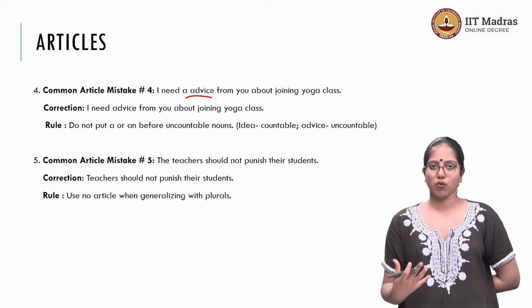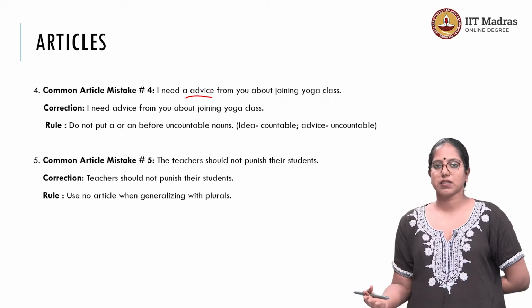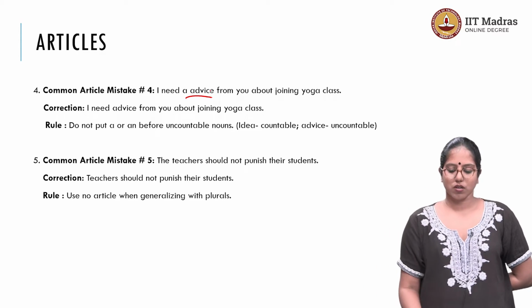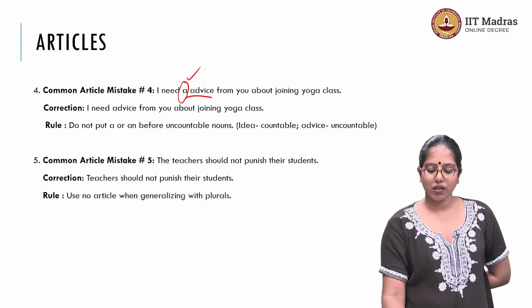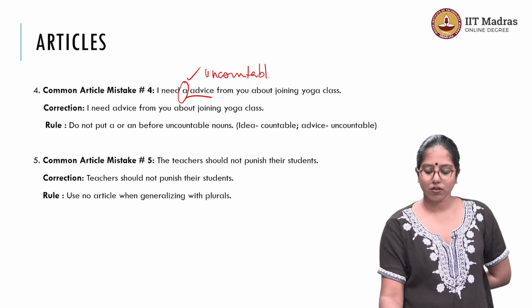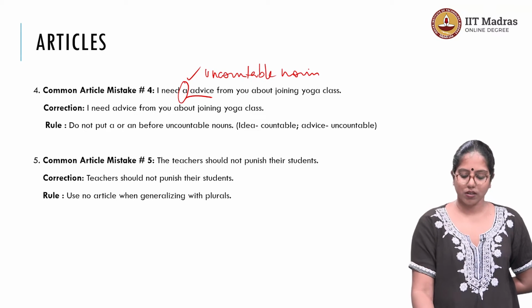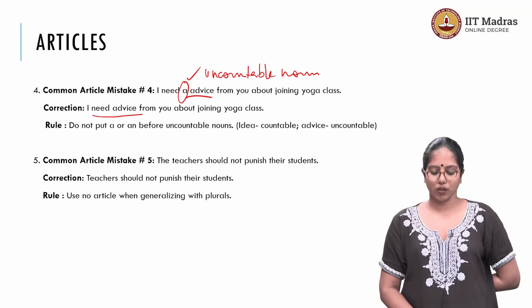Something that cannot be counted. So advice cannot be counted, and in English it's classified under uncountable nouns. So you don't use a before an uncountable noun. Therefore you say, I need advice from you about joining yoga class.